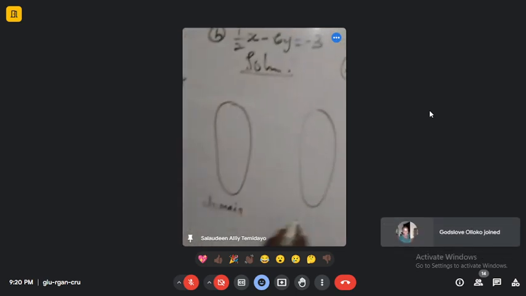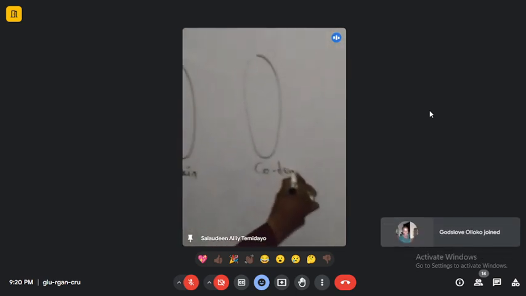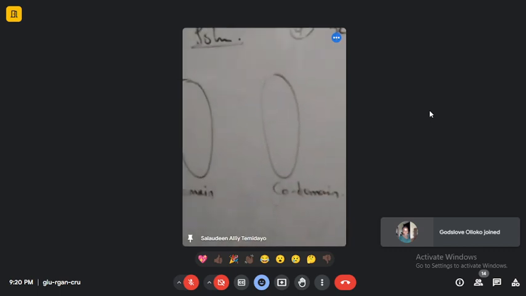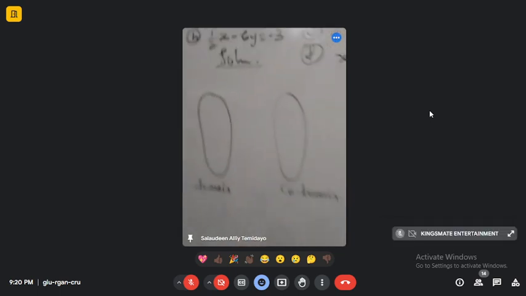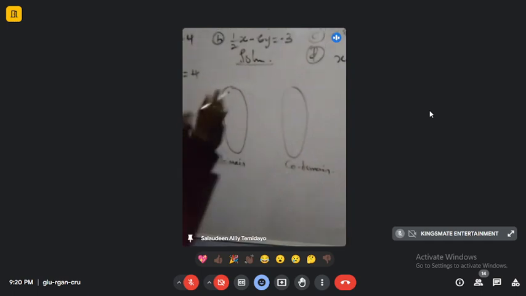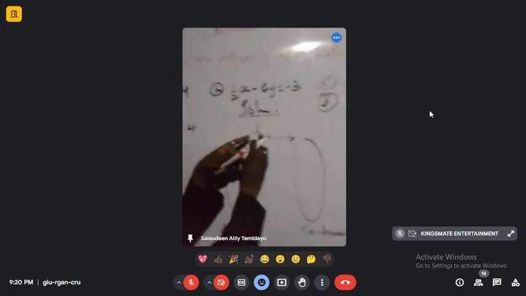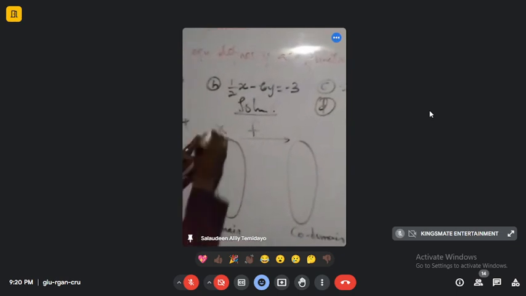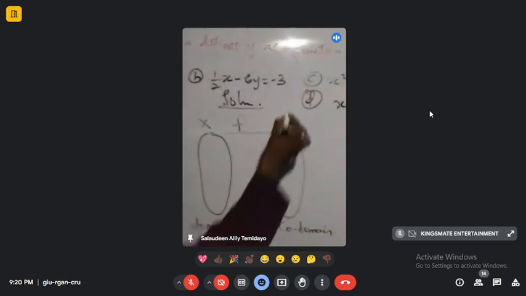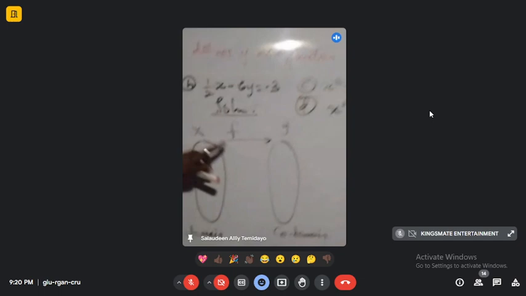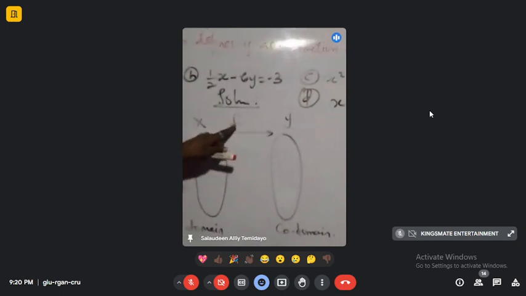And this is the codomain or range. If the function is f, and this is x and this is y, look at the relationship between them. The connection is the function.